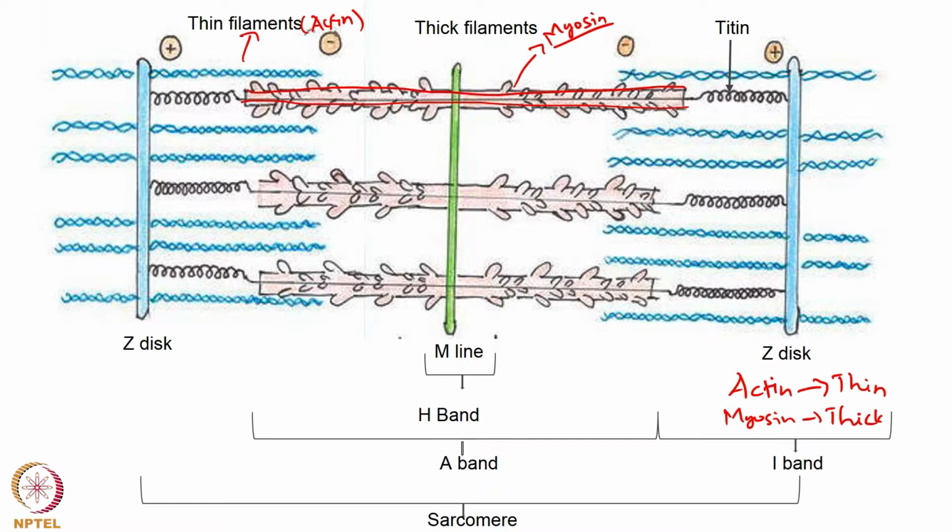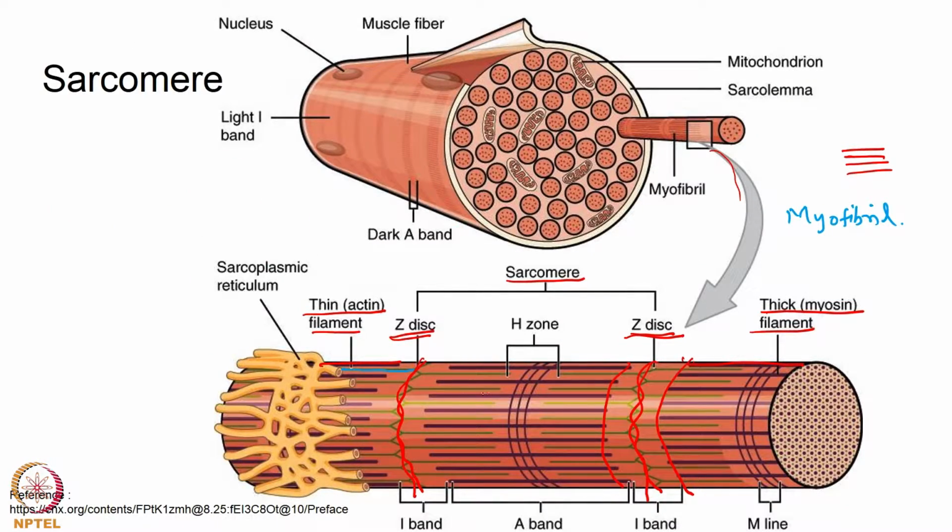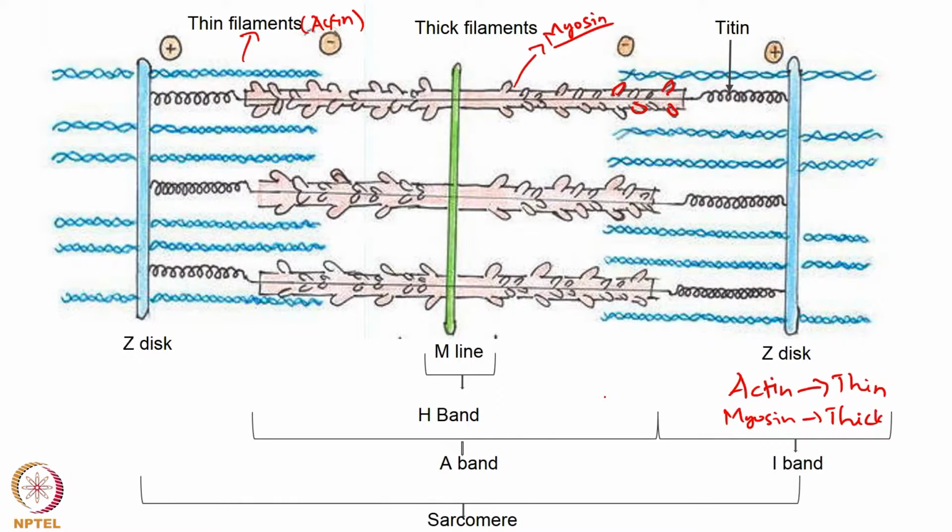So, the thick filament itself has what are called heads, several heads. In the previous picture, it seemed as if the thick filament is hanging in air. Actually, this is not true, right. The thick filament is attached to the Z disc via a very strong contractile protein called titin, one of the strongest or most elastic proteins known to man, right.